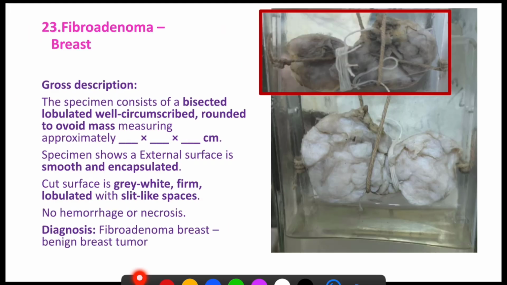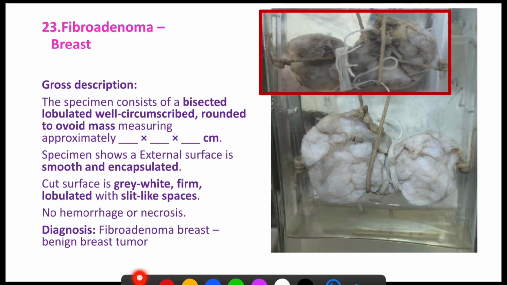This is a specimen of fibroadenoma of breast. By definition, it is a benign tumor of breast parenchyma where fibro means stromal component as well as glandular component. There is expansion or overgrowth of stromal as well as glandular component, so it is named fibroadenoma.